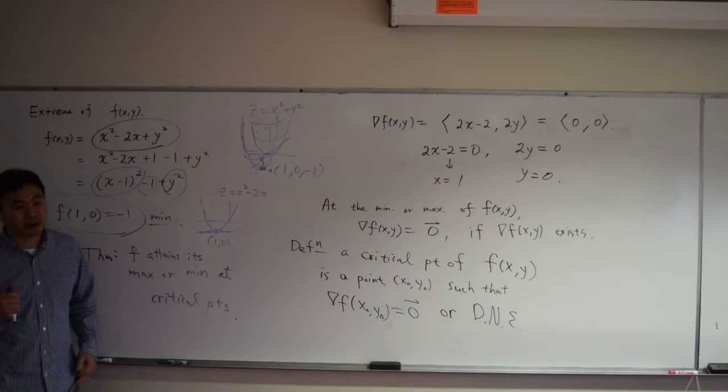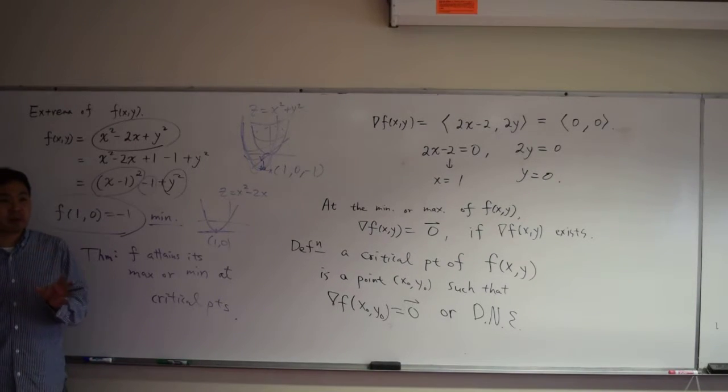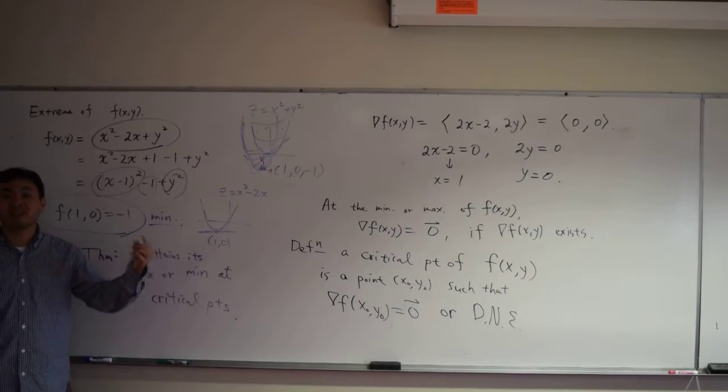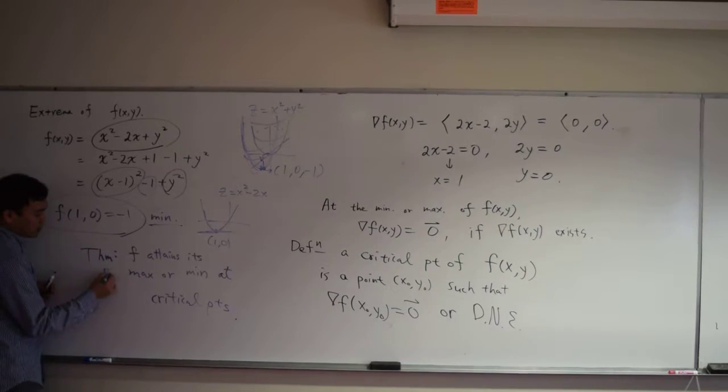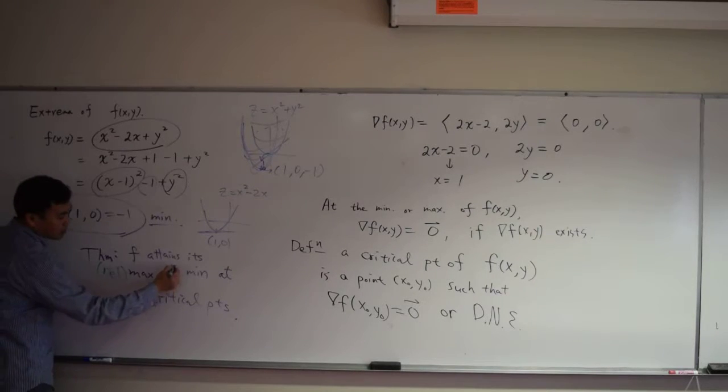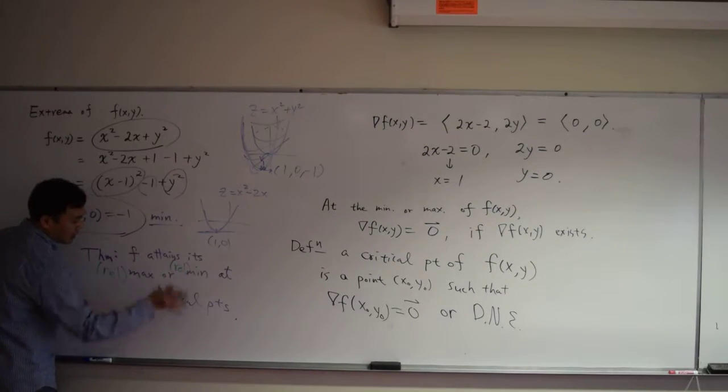If you have an absolute maximum or absolute minimum that's inside some interval, then that's also a relative max or relative min. So I can change this statement to say f attains its relative max or relative min at critical points.